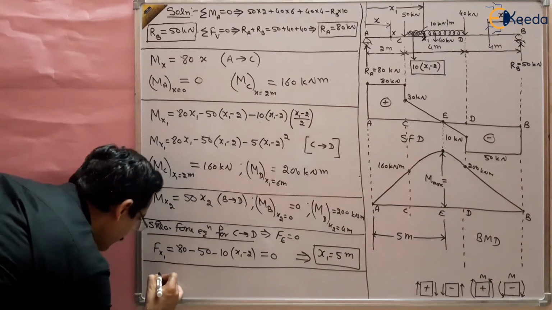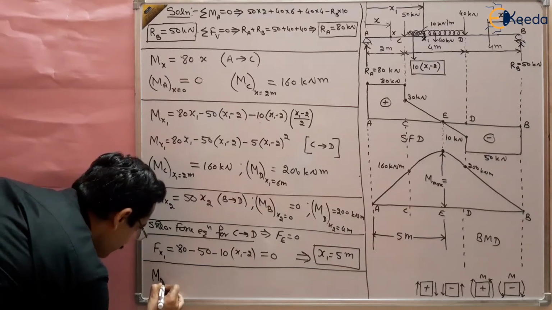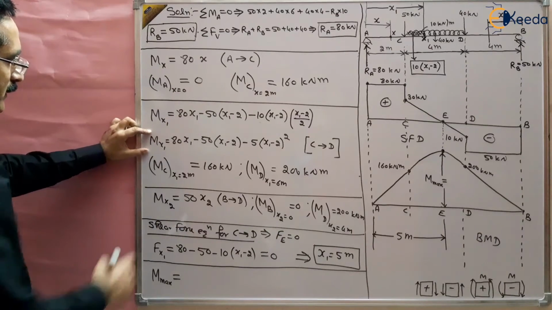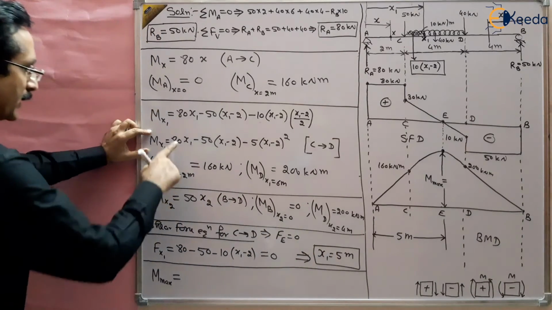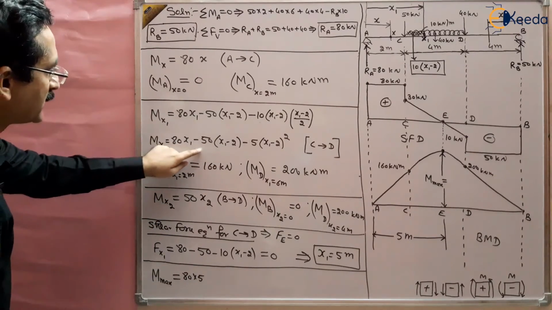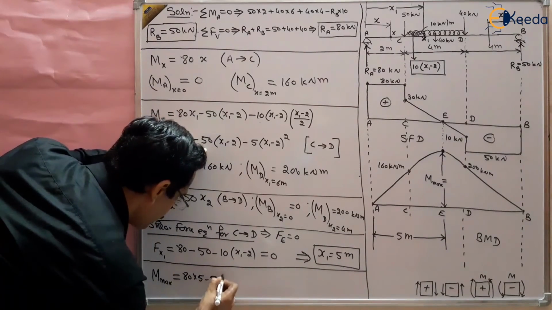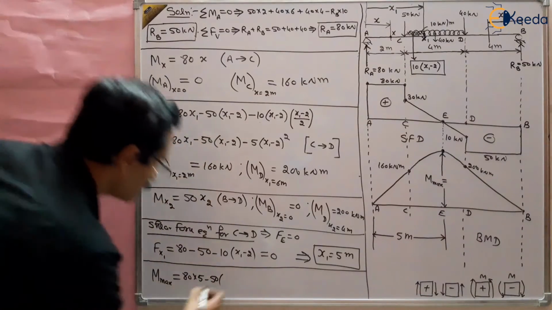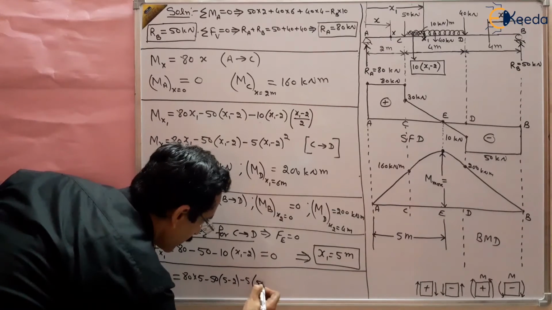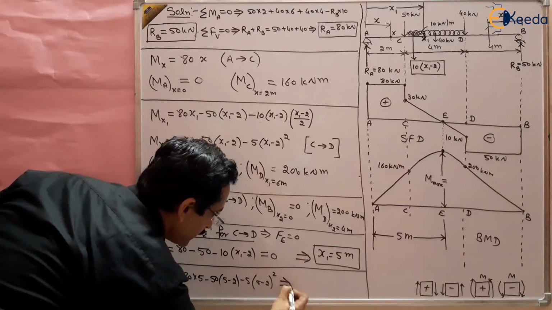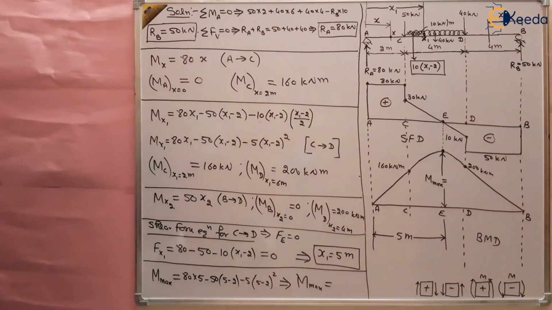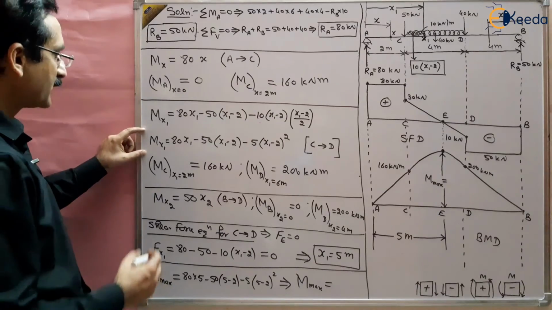So Mmax will be equal to, put in this value in Mx1, 80 multiplied by 5, 80 x1, so 80 multiplied by 5 minus 50 multiplied by x1 minus 2, 5 minus 2, minus 5 minus 2 square. So from this you will get Mmax. Solve it and you will get the maximum bending moment, and this will lie in this part.